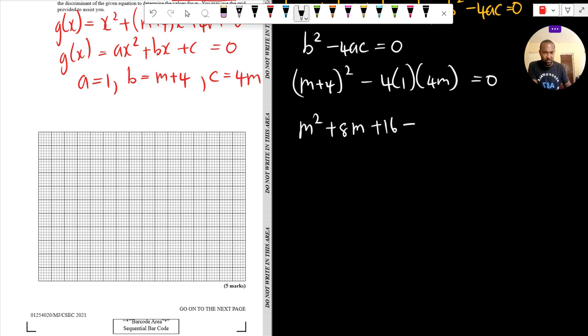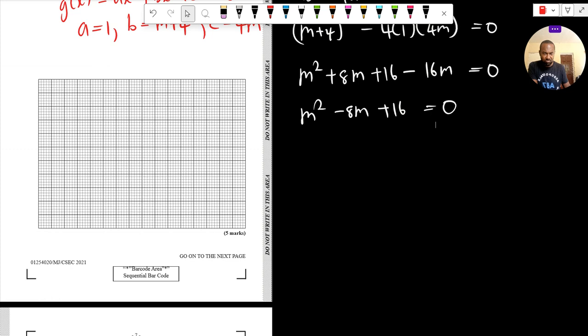And then now we have minus 4 times 4m, that is minus 16m, is equal to 0. So let's see what this gives us. We have m squared. Now 8m minus 16m gives us minus 8m, plus 16 is equal to 0. Now, what does this factorize to give?